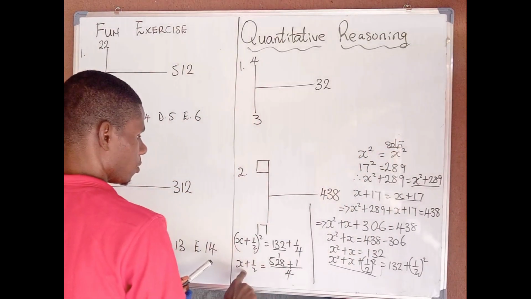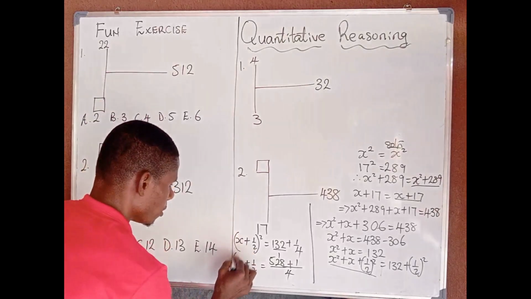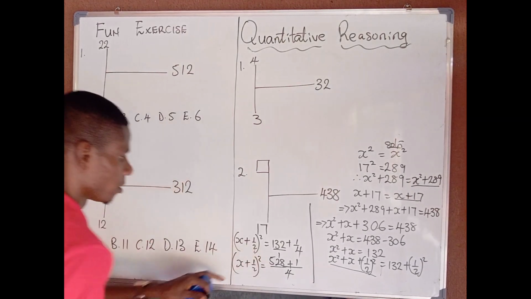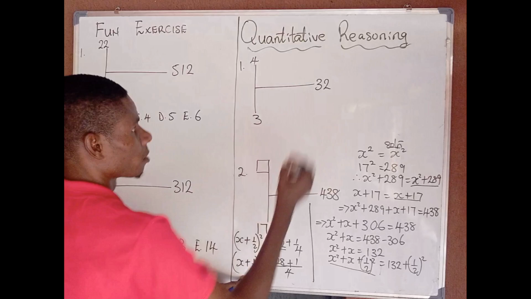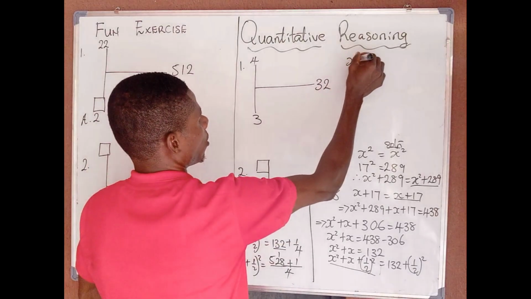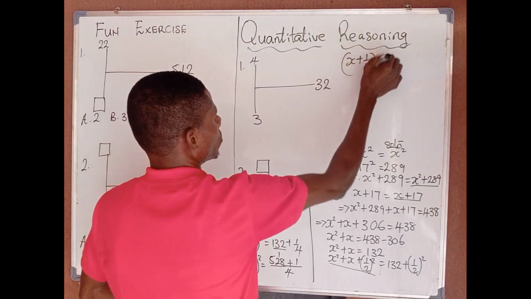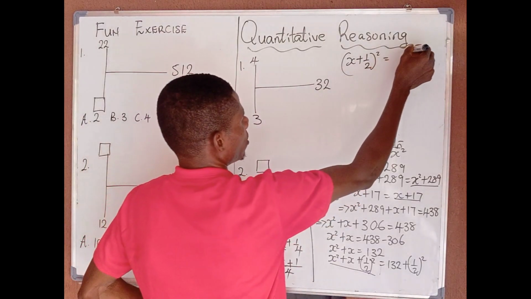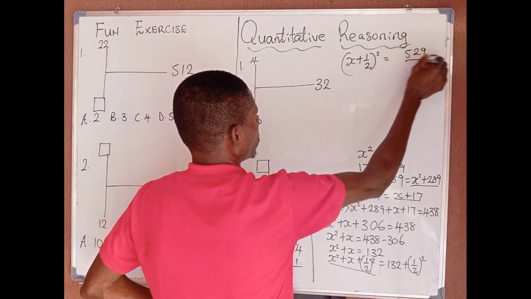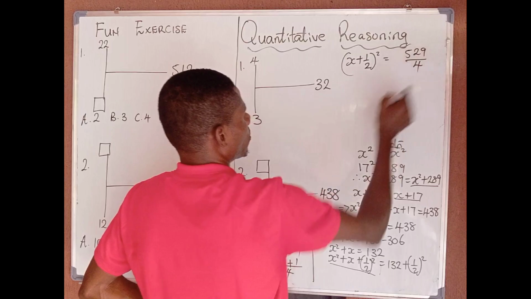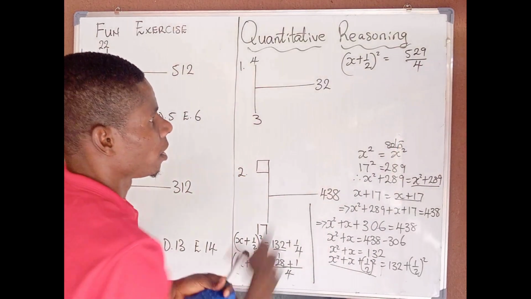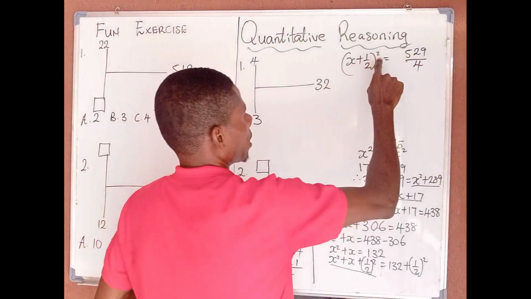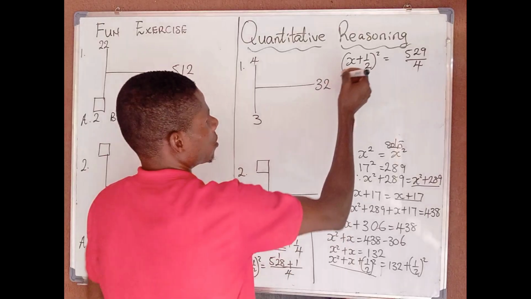I'm starting from here. So x plus half, okay, all of them squared, please. So x plus half all squared is equals to 528 plus 1 is 529 over 4. Okay, we have square here. So to counter this, we square root both sides.